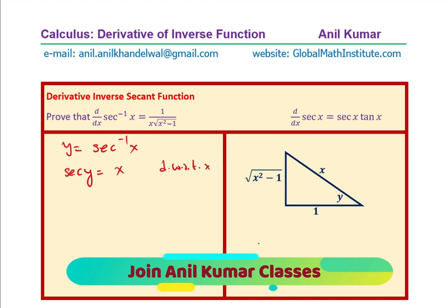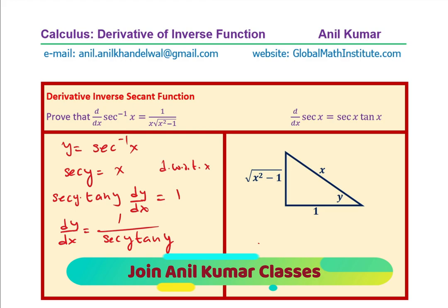So secant y derivative is secant and tangent, right? So we get secant y tan y dy/dx equals 1, and dy/dx is equal to the reciprocal, 1 over secant y tan y. Simple as that. And from this triangle, you can find both the values.